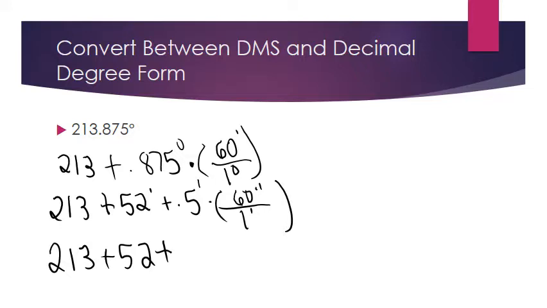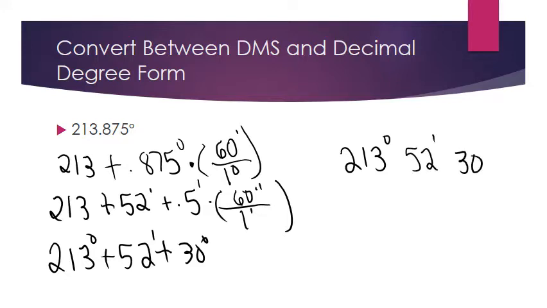And so I've got 0.5 times 60, which is 30. Let's see, I better put degree, minute. Now I've got 30 seconds. And so my answer is 213 degrees and 52 minutes and 30 seconds.